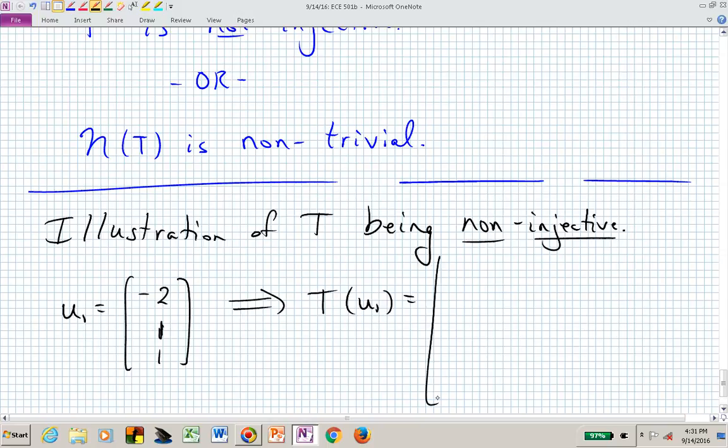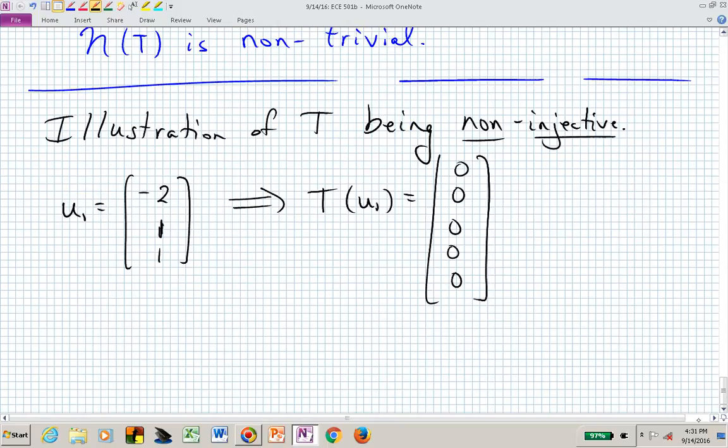What do we know the output is going to be for an input U1? That's in our null space, so this better be the 0 vector, which we know it to be.